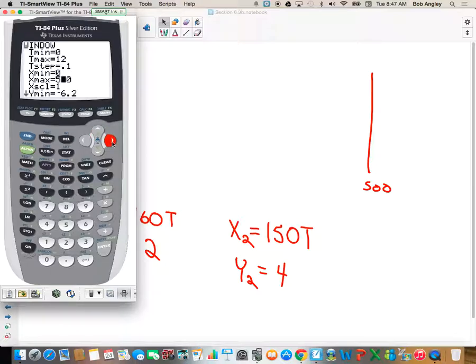We'll put a scale on this of 100 so you can get an idea when they've gone 100 miles. Now, for the negative 6.2 and 6.2, let's make it -1 right there and 7 for X max.